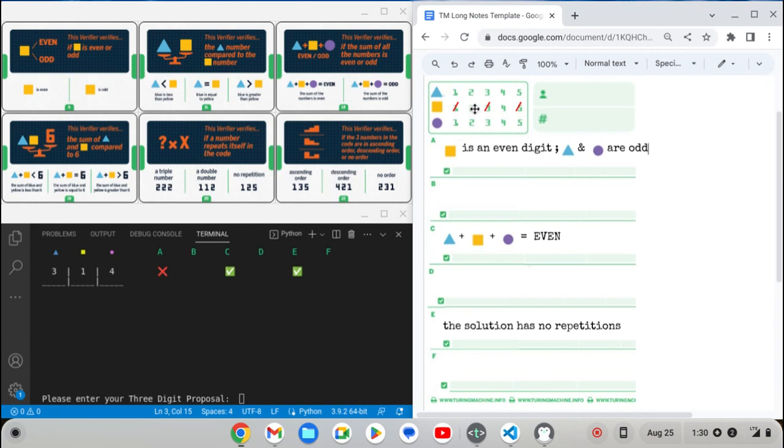Obviously we'd be able to come up with a sum and then the ordering, but other than criteria card C, there really is no mention of circle. So circle is going to be forced into something, and potentially criteria card E will inform us of what circle should be.